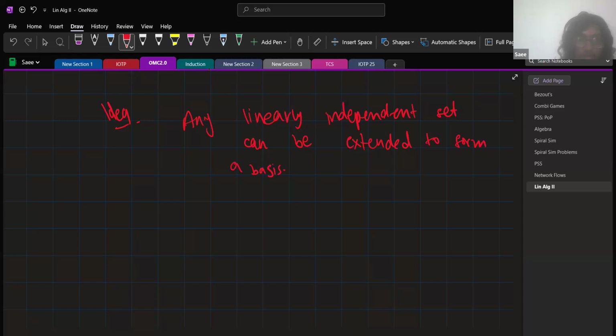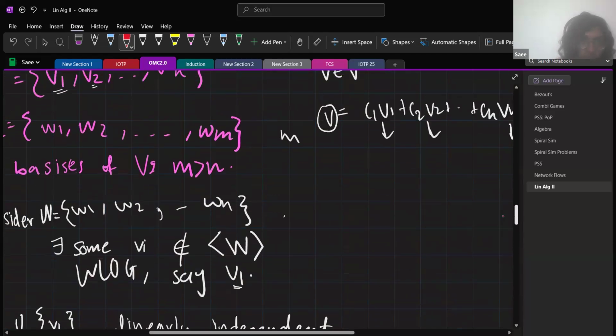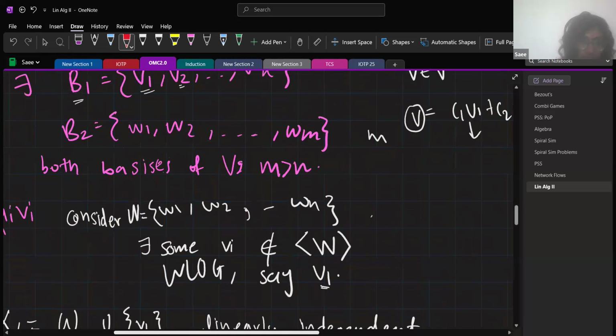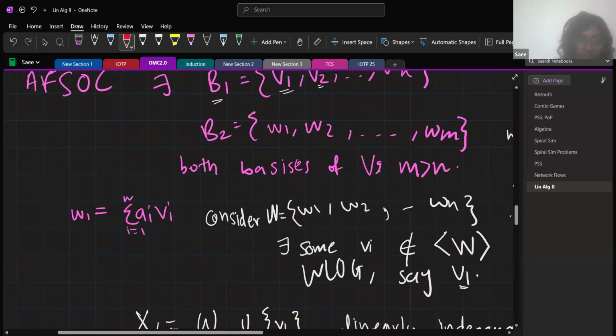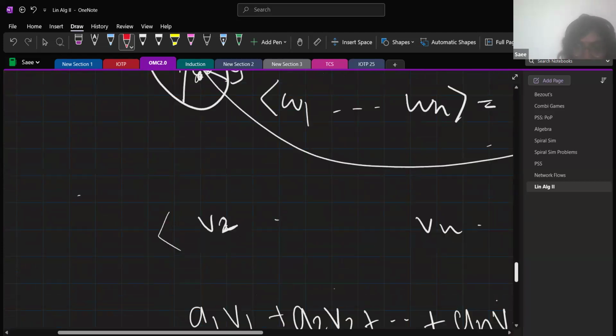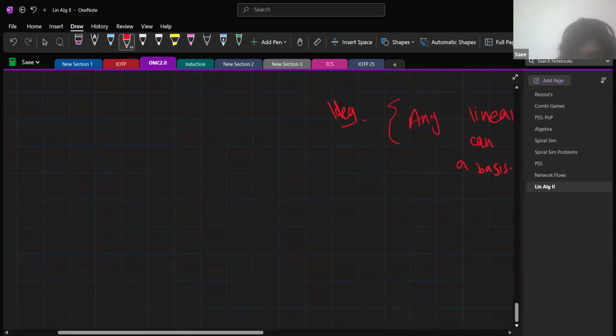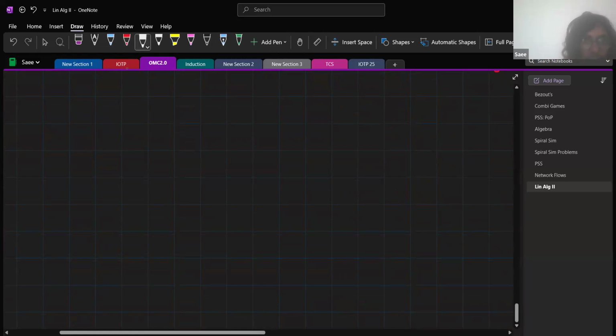It's a nice idea that's used a bunch of times. This also proves the existence of dimension in a finite dimensional vector space. Quite neat. So this leads us to one of the main results I wanted to discuss today, called the rank-nullity theorem.